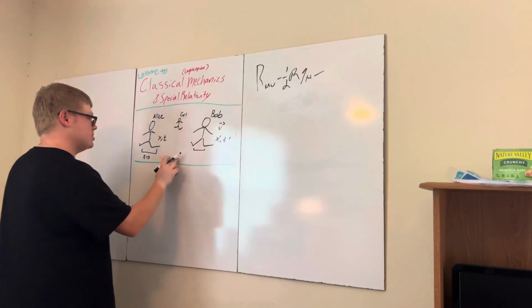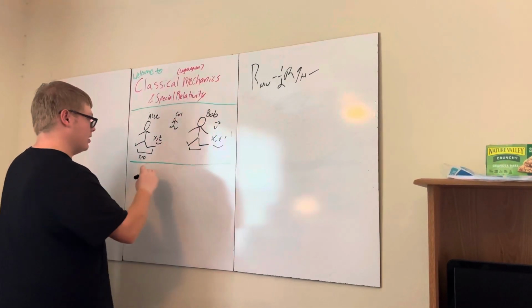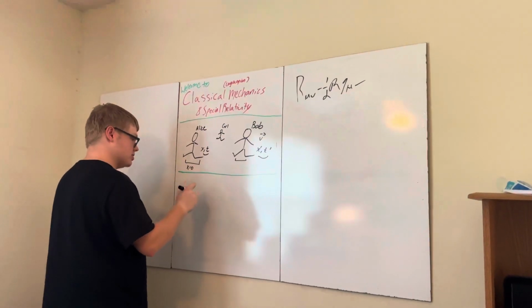And the transformation between those two coordinate systems is a linear transformation called the Lorentz transformation.